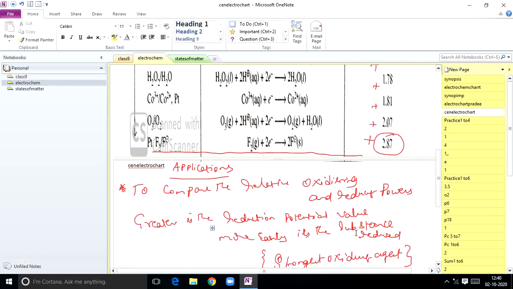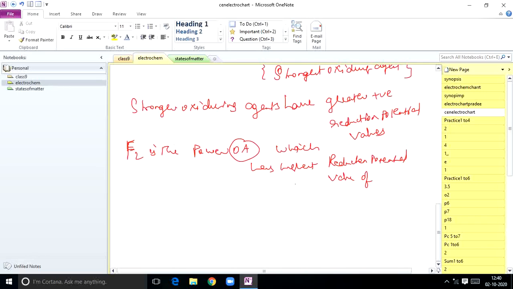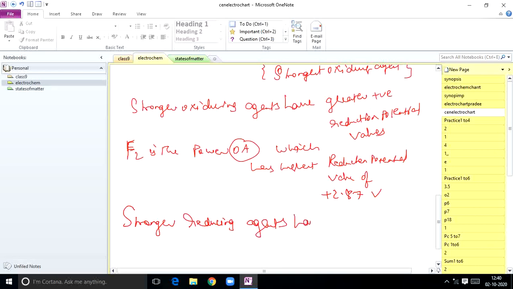See the chart, plus 2.87 volts. Okay, now stronger reducing agents, if you take the next point, stronger reducing agents have lower reduction potential values.